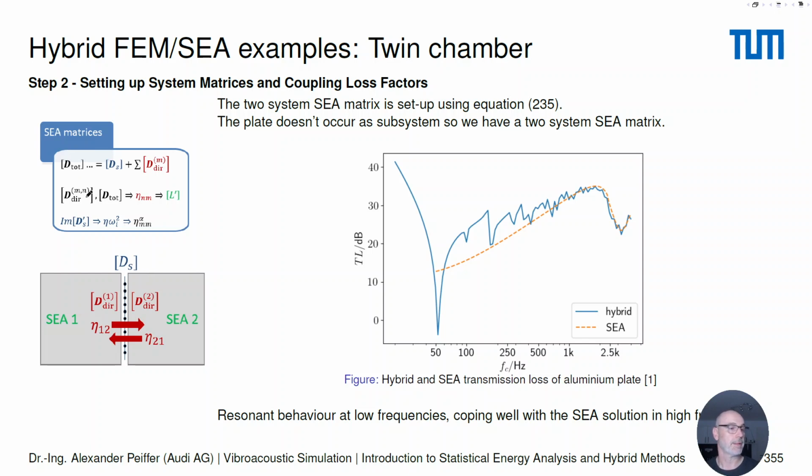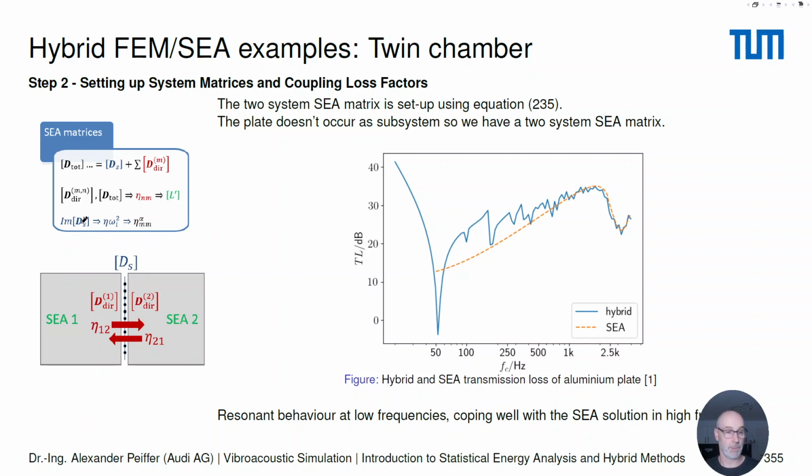From the direct field radiation stiffnesses to both subsystems and the total stiffness matrix, using the hybrid coupling loss factor, we can calculate the coupling loss factor, which gives us the energy flow in the SEA world from this direction into this direction. From this, we can then set up the total SEA matrix of our two-subsystem SEA system.